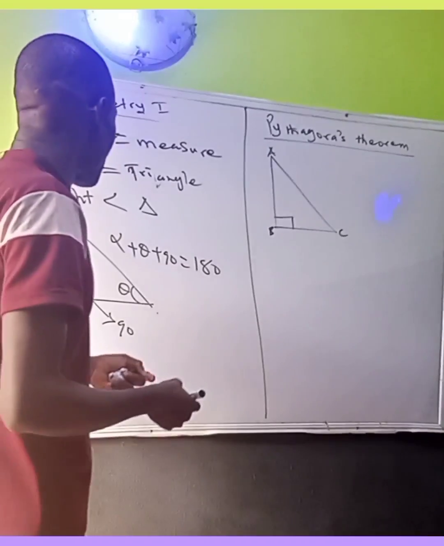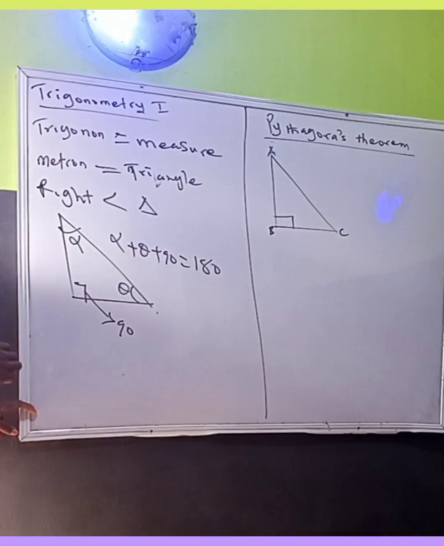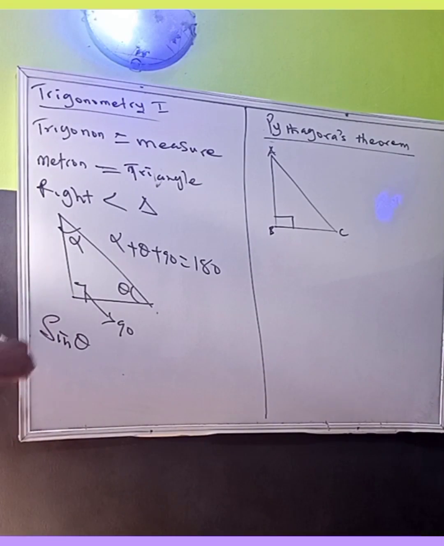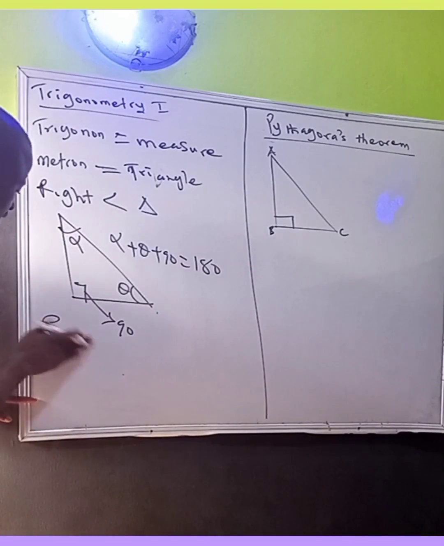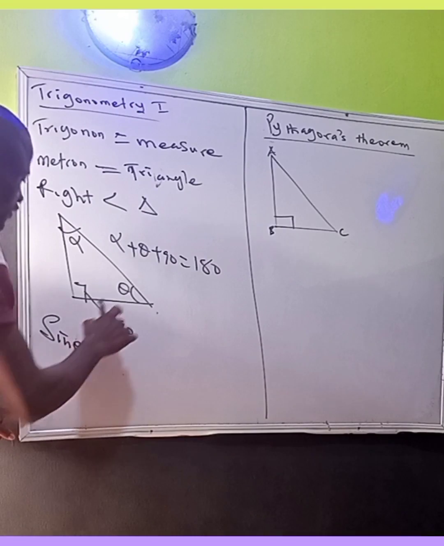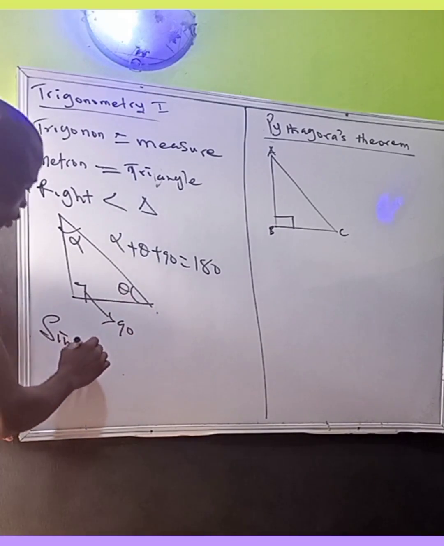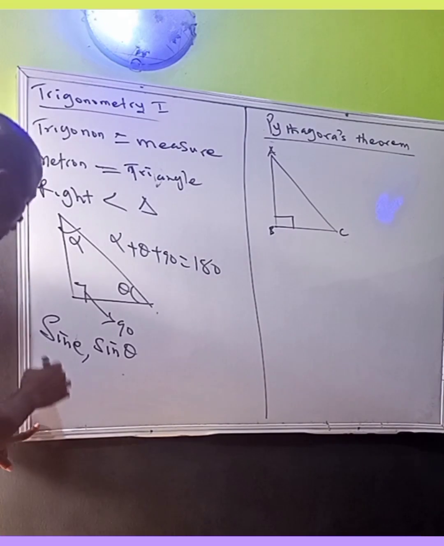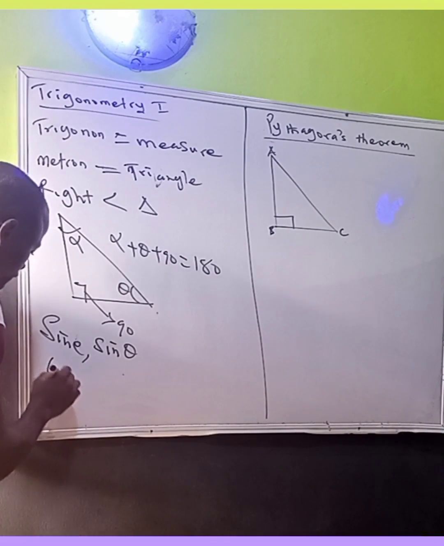So the three trigonometrical ratios we need to know start with sine theta. If the angle is measured with respect to theta, we call it sine theta. If you have another one, we call it cosine.